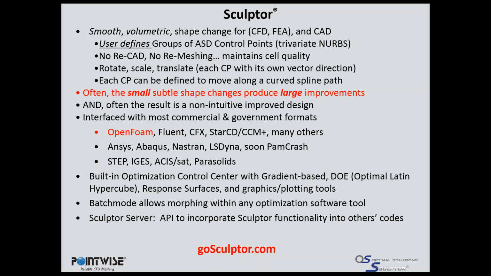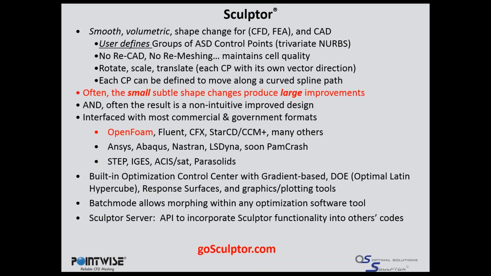We do have a built-in optimization tool called Optimization Control Center. We have several gradient-based optimizers and also a design of experiments with an optimal Latin hypercube. We can also look at response surfaces and other graphics to help explore your design space.